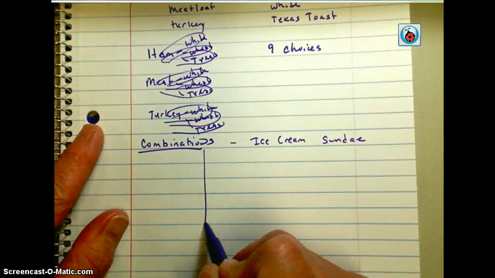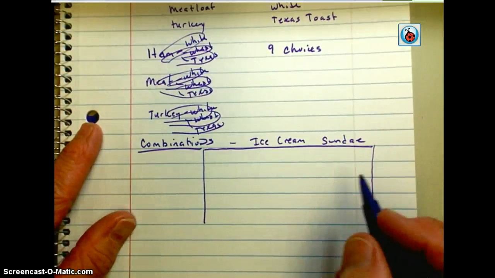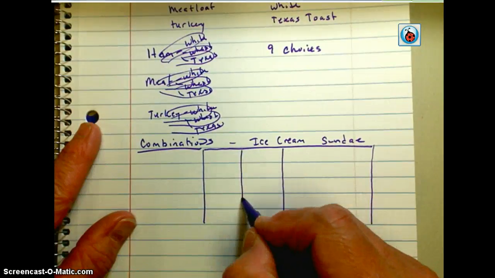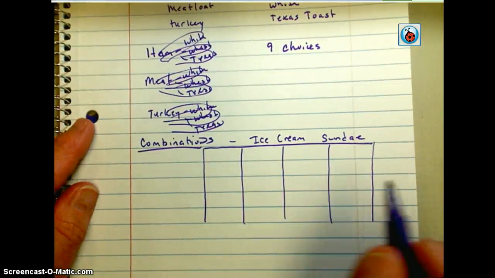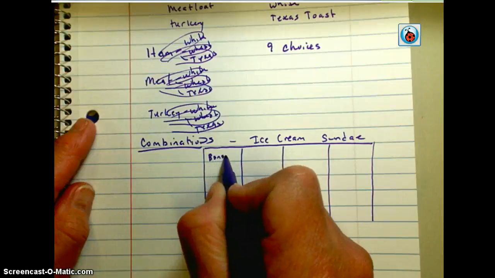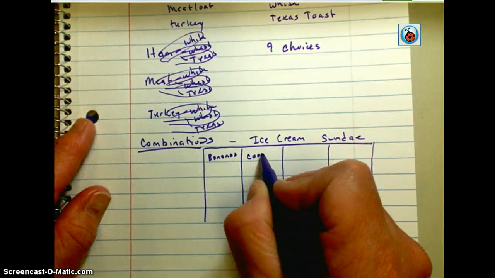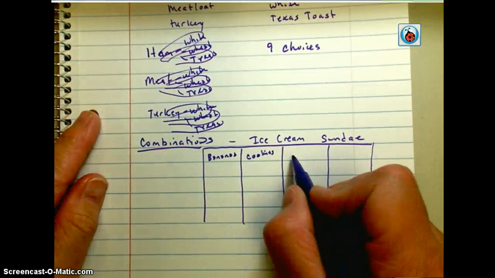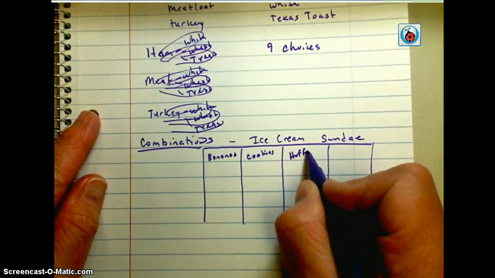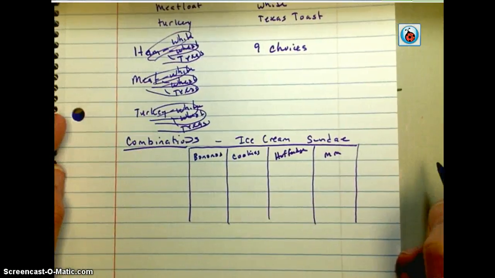We're going to have 4 different choices of toppings on vanilla ice cream. You could put bananas on your sundae, crumble cookies, hot fudge, and someone else suggested M&Ms, which is a good topping choice.